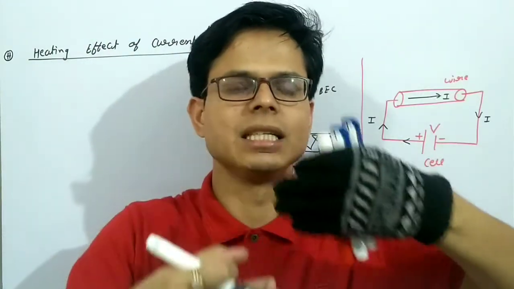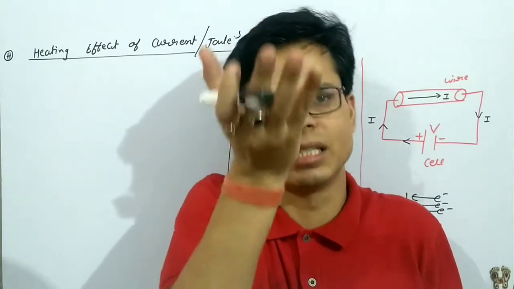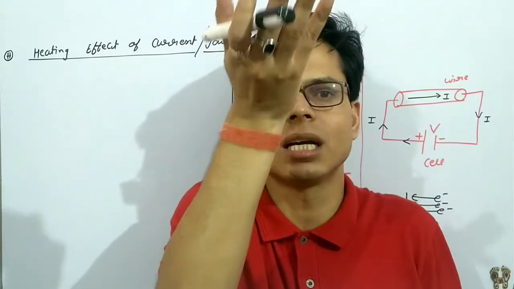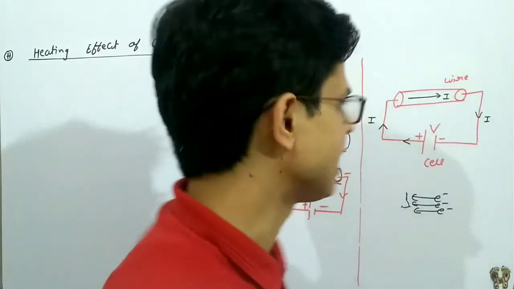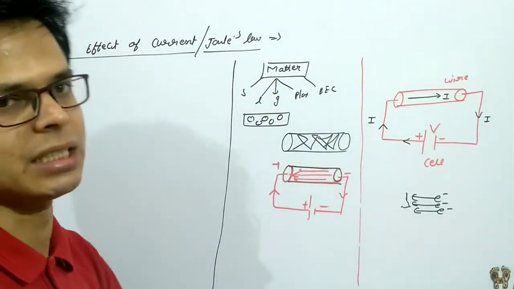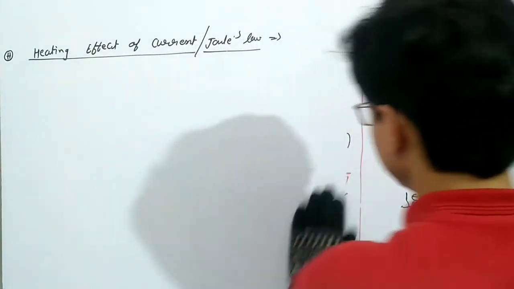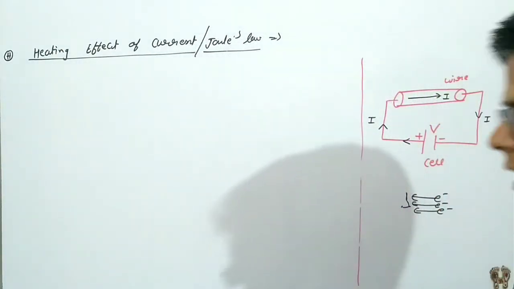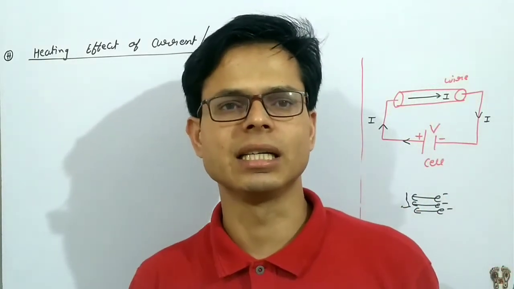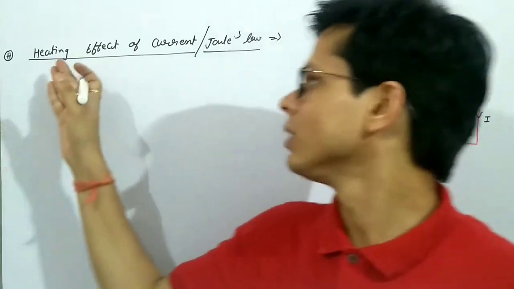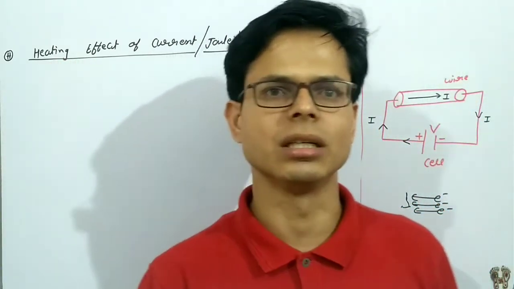Due to that energy, the temperature of atoms and ions will increase, and when temperature increases, they heat up. So we can say that current produces heat. This is the heating effect of current. And if someone asks you why conductors are heated, what is the cause of the heating effect of current, the cause is collision.